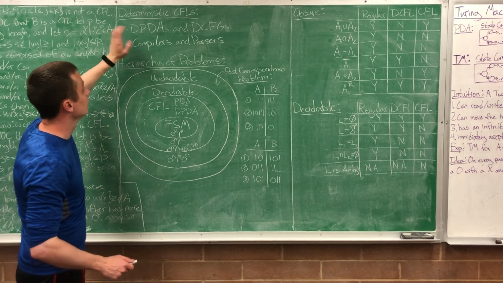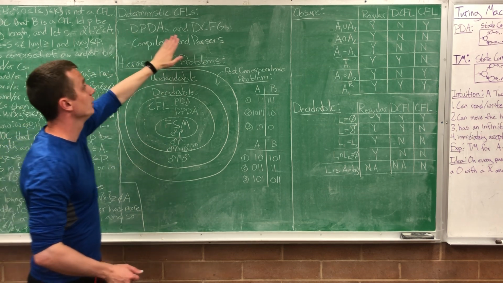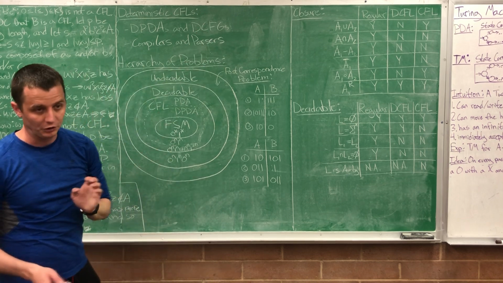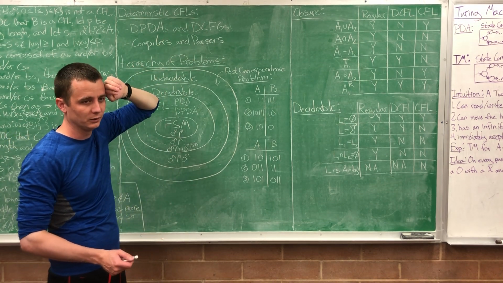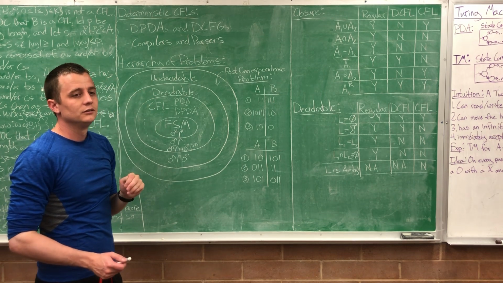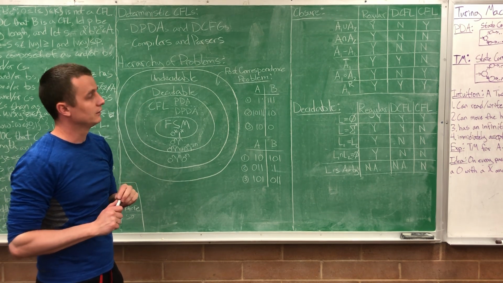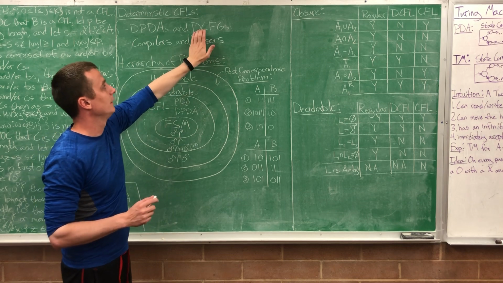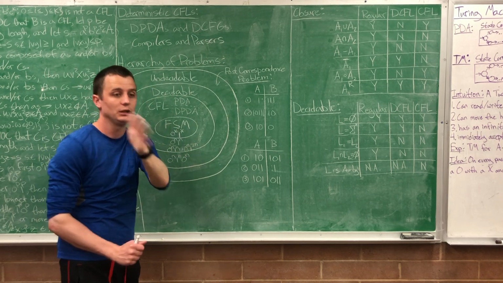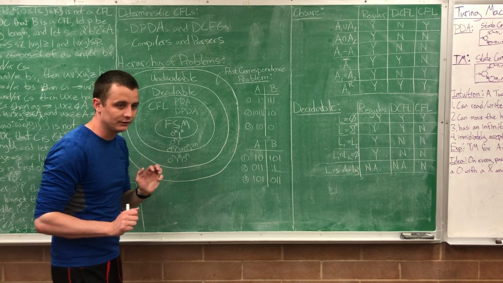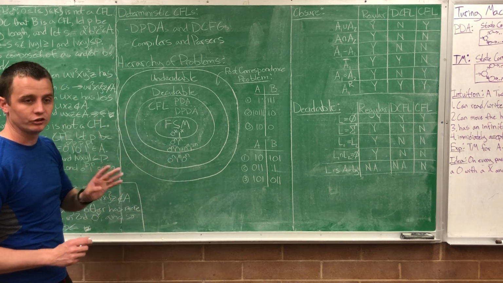So there is a notion of a deterministic PDA, and there is a notion of a deterministic context-free grammar. Intuitively, a deterministic context-free grammar is one that's not ambiguous. That was bad. No, that's not necessarily the case. One of the nice things about deterministic context-free grammars is that they're guaranteed not to be ambiguous. They have a unique parse tree.